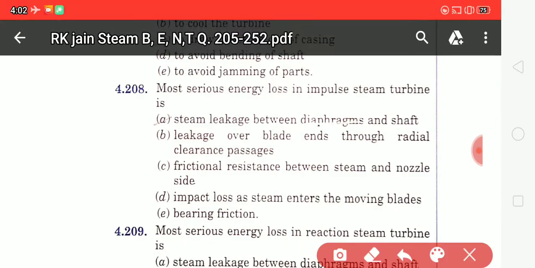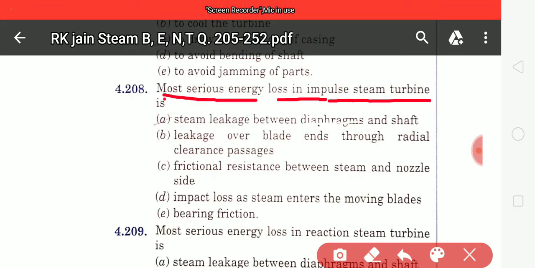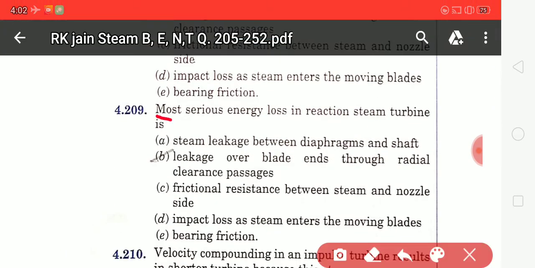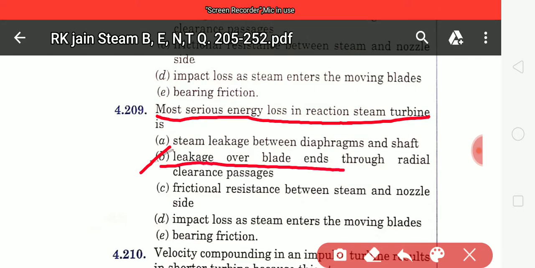Next, the most serious energy loss in an impulse steam turbine is steam leakage between diaphragm and shafts. Next, the most serious energy loss in a reaction steam turbine is leakage over blade ends through radial clearance passage.